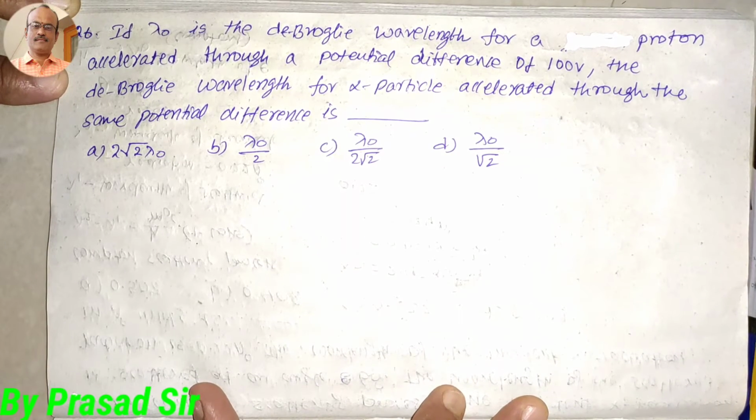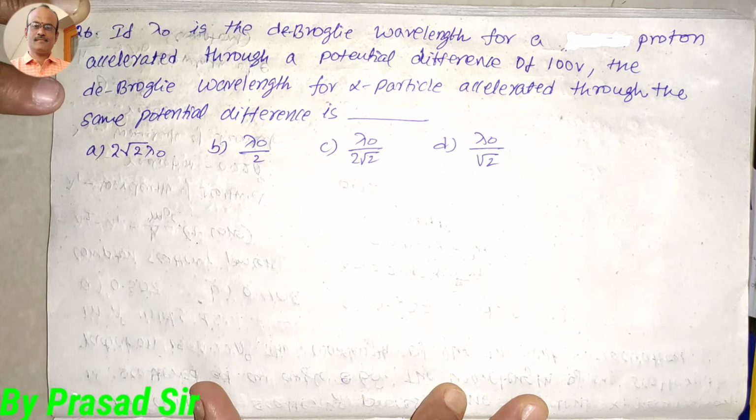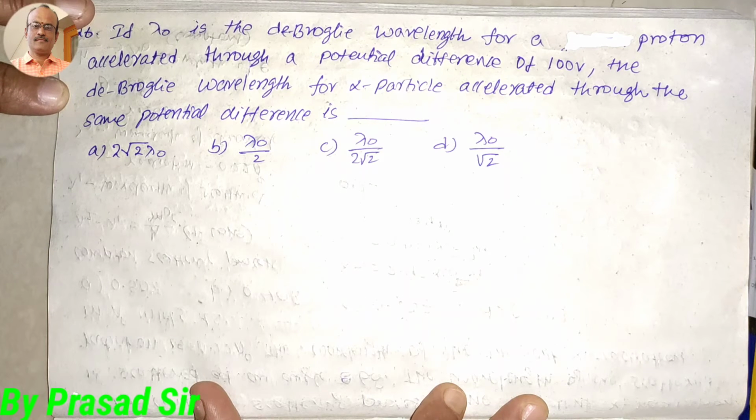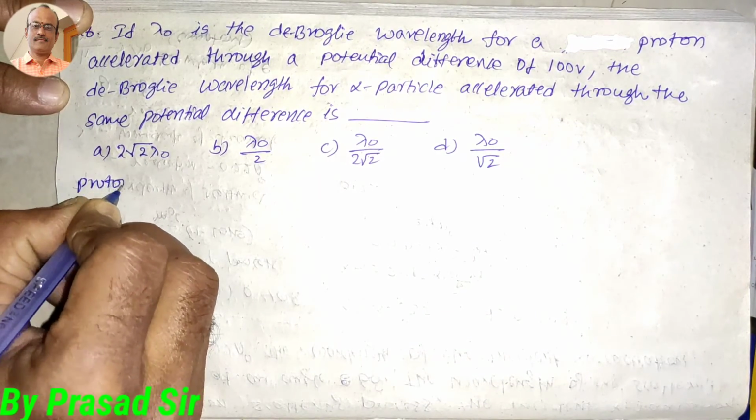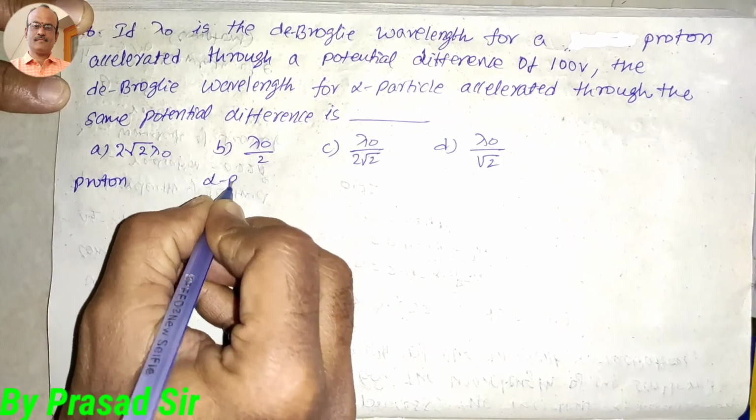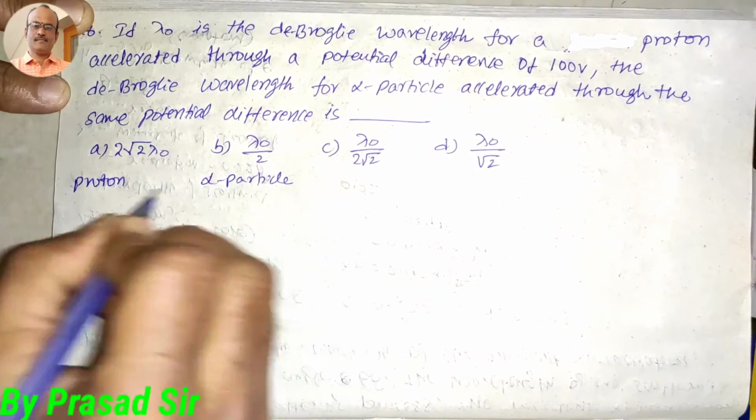Now the question number 26. If lambda naught is the de Broglie's wavelength for a proton accelerated through a potential difference of 100 volts, the de Broglie's wavelength for alpha particle accelerated through the same potential is how much? So first of all, here we will take proton and here alpha particle.